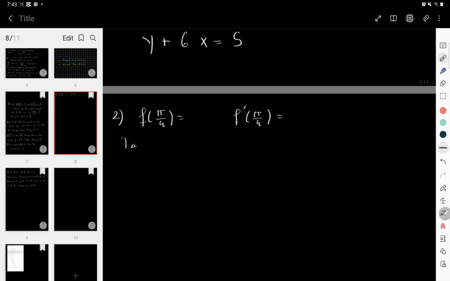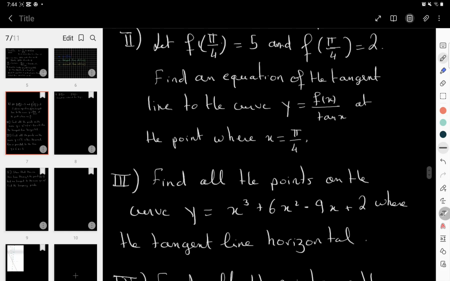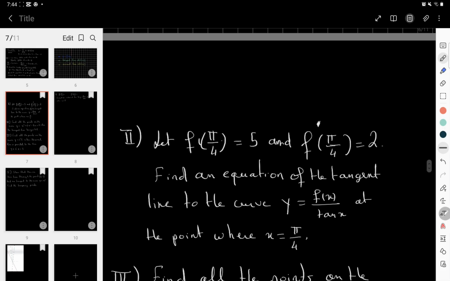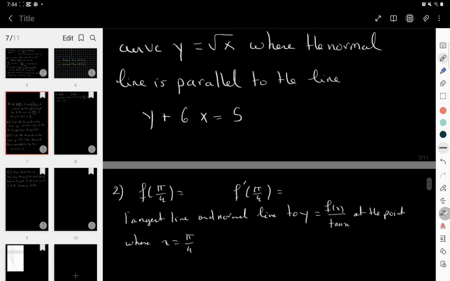I need the tangent line, let's add the normal line as well, and the normal line to y is equal to f of x over tan x at the point where x is equal to pi over 4. I forgot to take these values, 5 and 2.